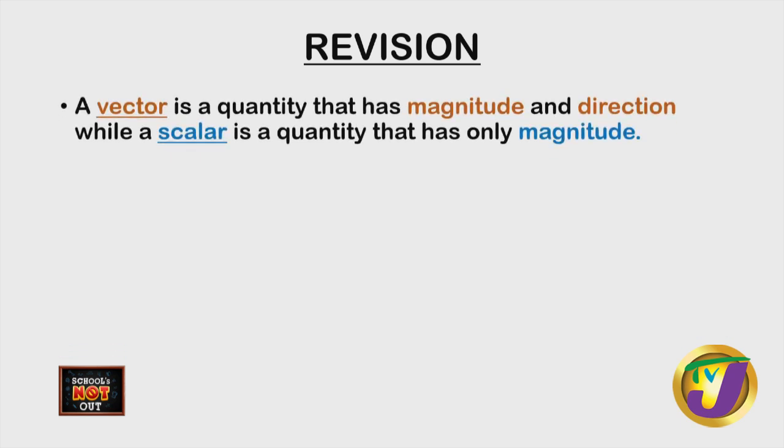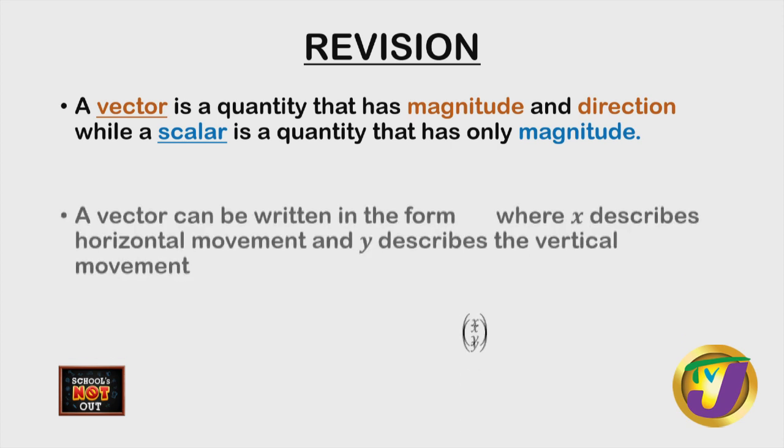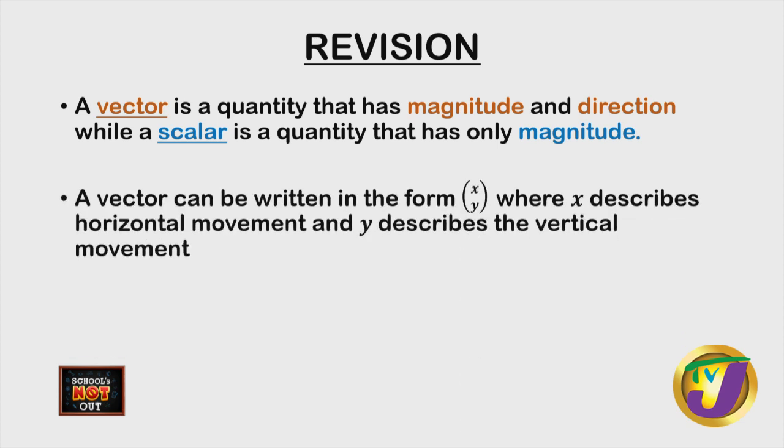Last week, we discussed that a vector is a quantity that has magnitude and direction, while a scalar is a quantity that only has magnitude. A vector can be written in the form x, y, where x describes horizontal movement and y describes the vertical movement.